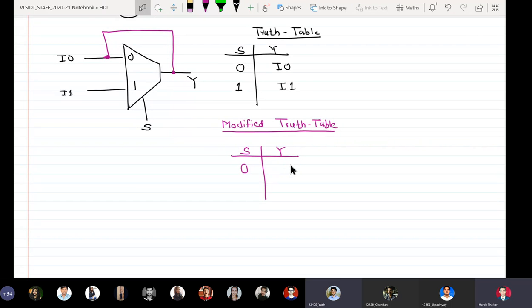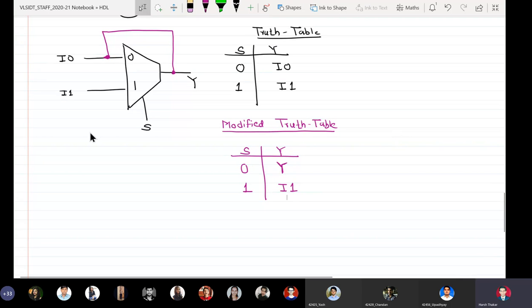Y, the previous Y. Yes, it's Y only basically. It is a feedback, so it will go on like this, like this, like this. If it is 1, what is it? Correct? If the select line is 1, I1 comes outside. Yes or no?